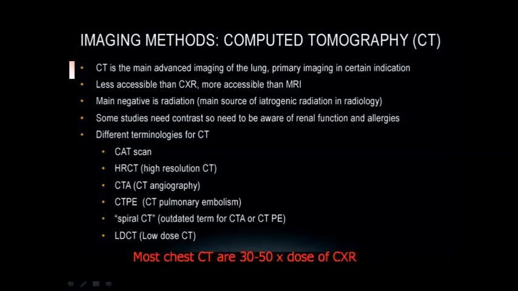Computed tomography is the main advanced imaging of the lung, and primary imaging in certain indications. It's less accessible than conventional X-ray, but more accessible than MRI. The main negative is radiation. Nowadays, computed tomography is the main source of iatrogenic radiation in radiology.